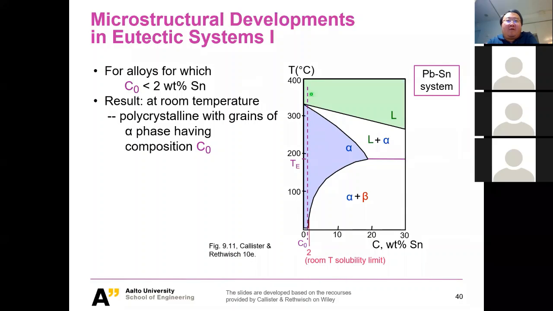So first, let's start with a rather low composition of tin in your lead, let's say below 2%. Here we will start from a higher temperature, around 400, and you just cool it down. You will see first we start with the uniform liquid solution, and then just pay attention.